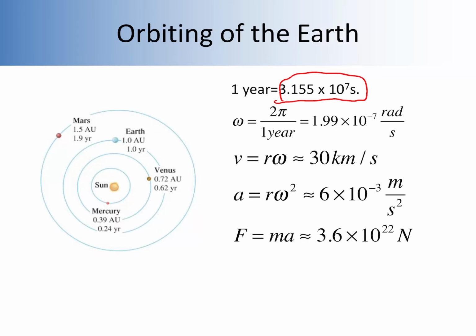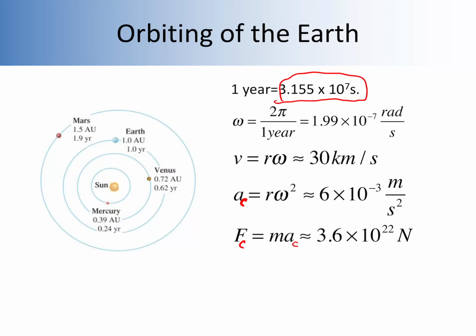Now, of course, if you have a centripetal acceleration, there has to be a force providing it. You can even put a subscript C here. So centripetal force is m times centripetal acceleration. You put the mass of Earth in, and you find this centripetal force is 3.6 times 10 to the 22 Newton.